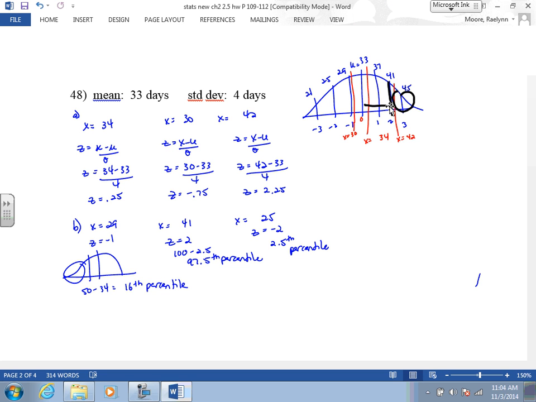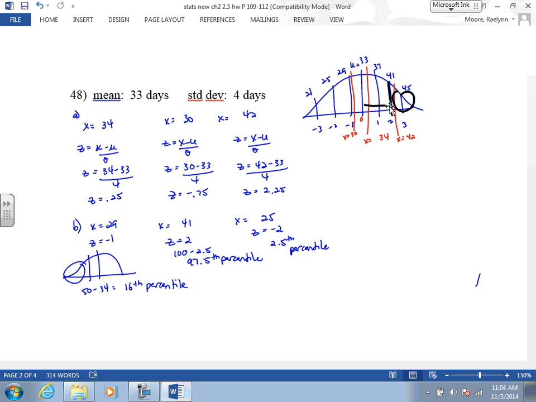And again, it'll be a little bit more exact if you use the one from the Regents. The one from the book, remember, they're rounding. Plus or minus 1 is 68%, plus or minus 2 is 95%, and plus or minus 3 is 99.7. So they round a little bit more. Okay?